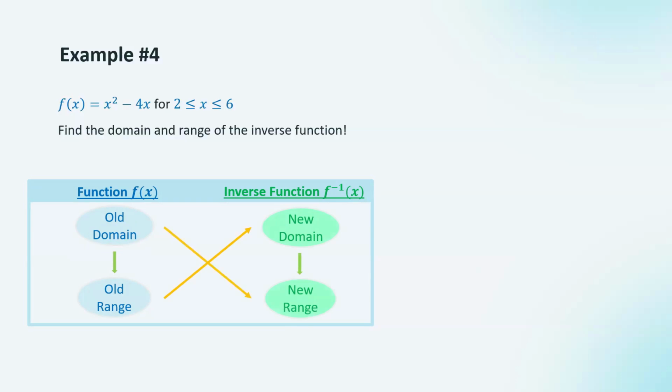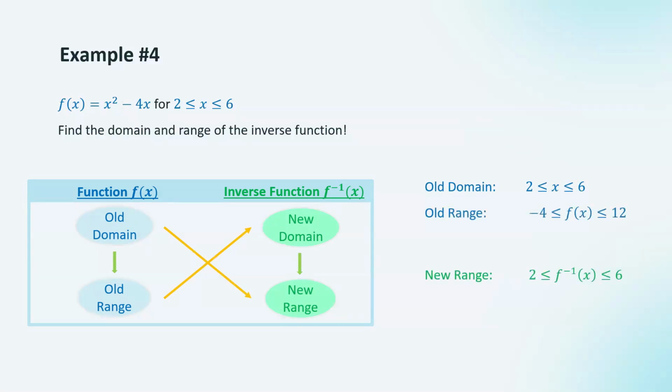Let's try to list out the domain and the range of the original function. So the old domain is from 2 to 6, and the old range is from -4 to 12. And as you can see, the old domain is equal to the new range. So you just have to switch the x with the symbol of f inverse of x.